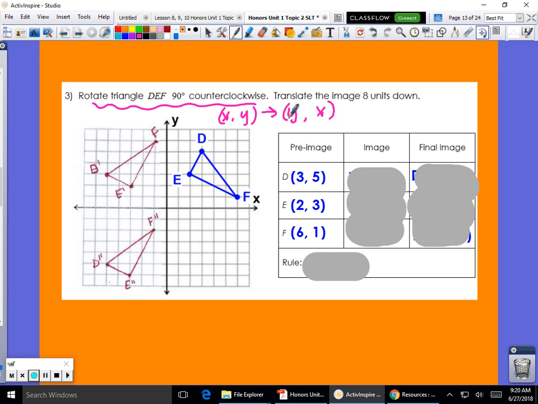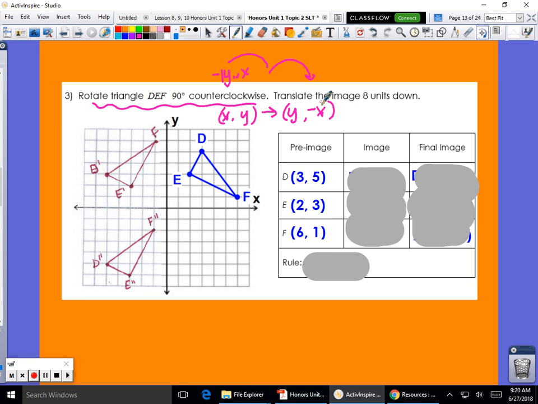And remember my suggestion for rotating 90 degrees clockwise: the one on the right becomes opposite. If I rotate counterclockwise, it becomes negative y, x. Sorry, my pen's not wanting to write. Okay, so clockwise, the negative x is what we end up with.